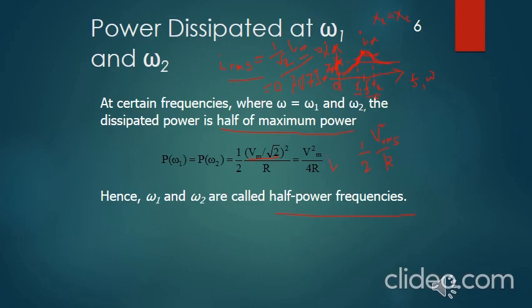You can get this equation by that too, because in that situation the power is half. So half of the power V square by R is the power. These are the half power frequencies. After the calculation you will get this.